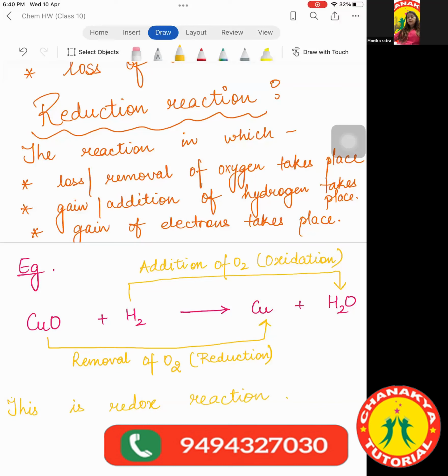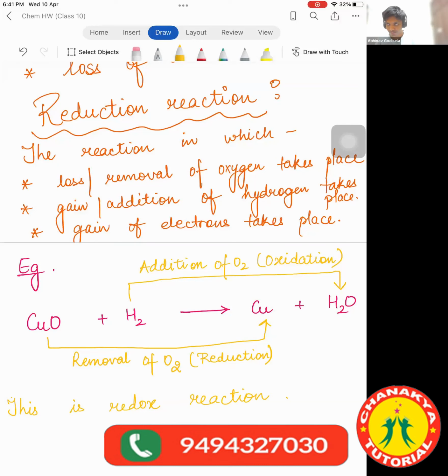Any doubts still here? Ma'am, is hydrogen more reactive than copper? Yes, hydrogen is more reactive than copper. Ma'am, reduction and oxidation are interlinked. Yes, they are always interlinked.